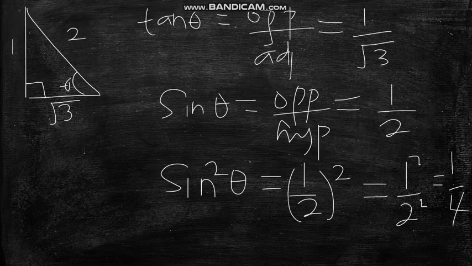So the question, tan theta over sine squared theta, is equal to: tan theta is 1 over root 3, so I'm going to write this, divided by sine squared theta.